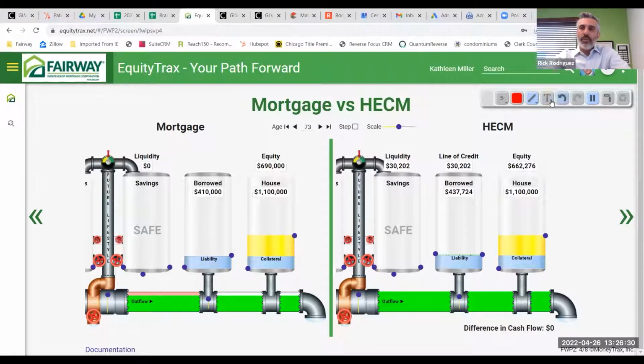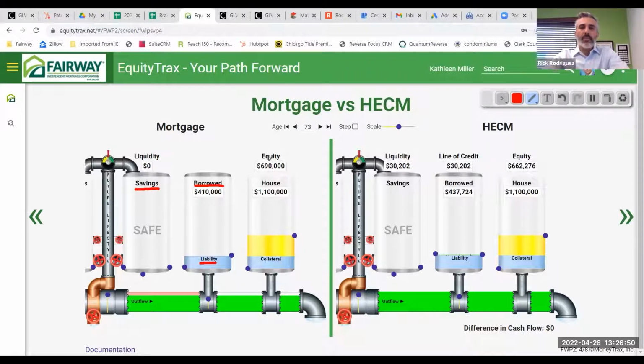And in this scenario here, we have three tanks in our presentation. We have a savings tank, a borrowed tank, which represents the mortgage liability, the mortgage balance that is owed.